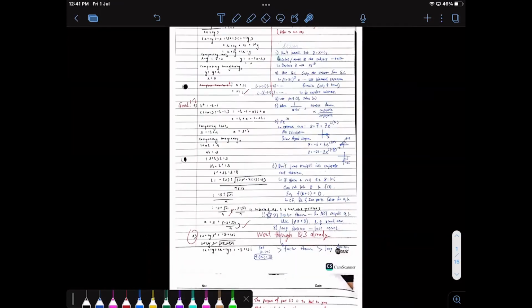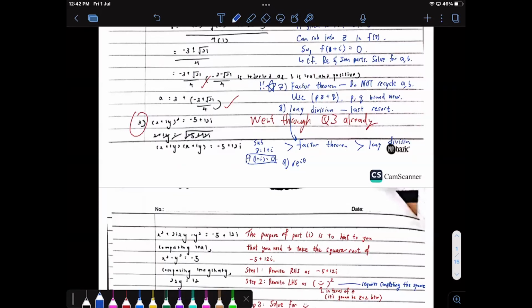Or rather, more generally, the argument of z: make sure it stays within negative pi to pi, inclusive of pi. You need to add multiples of 2πk to bring it back.